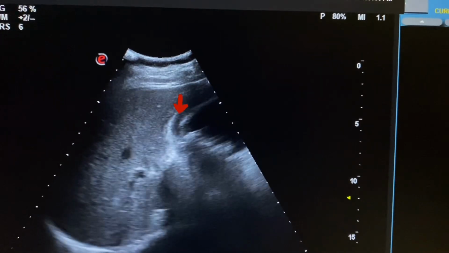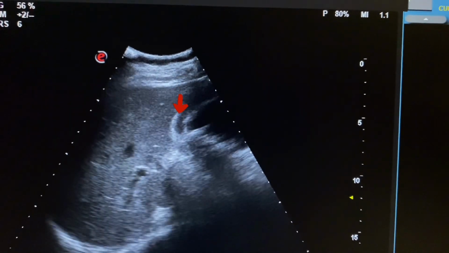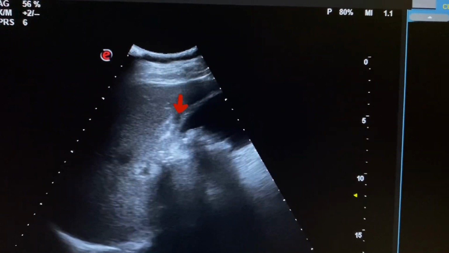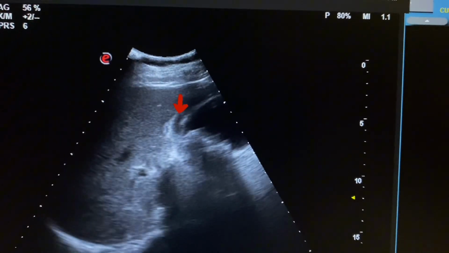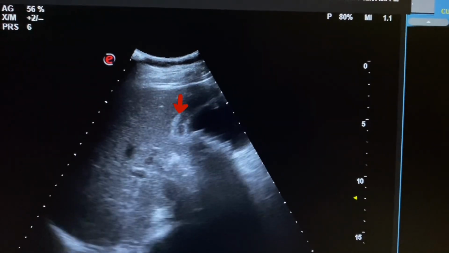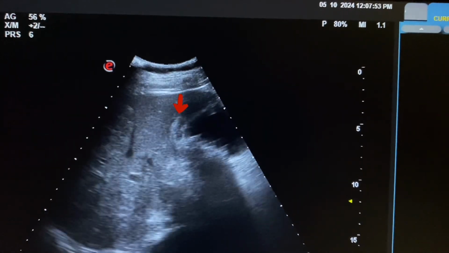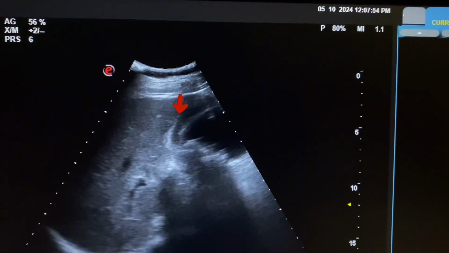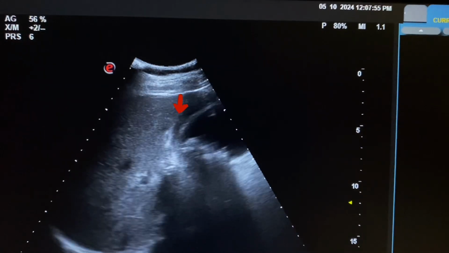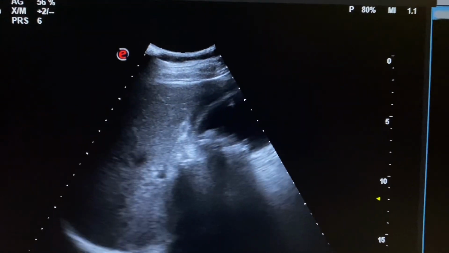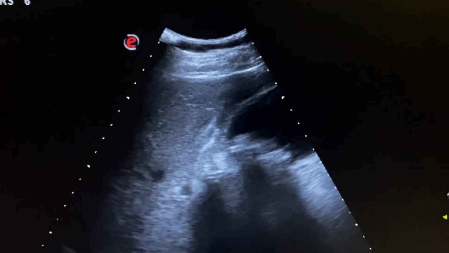Here we see a defect in longitudinal view. The bile is leaked from this defect into pericholecystic area and in epigastrium. As we see, there is collection in the epigastrium area.